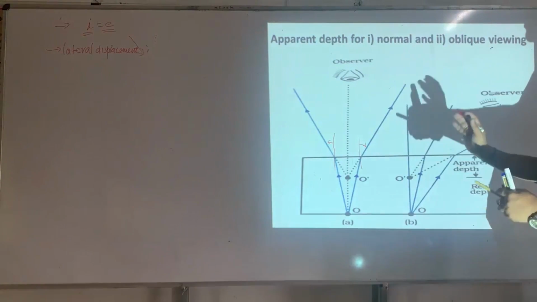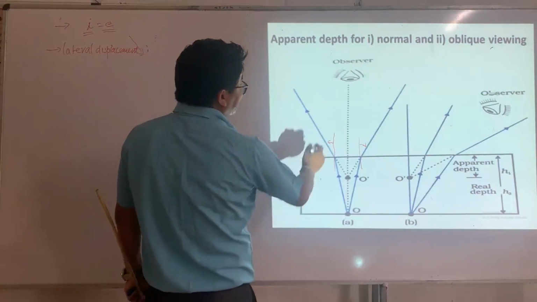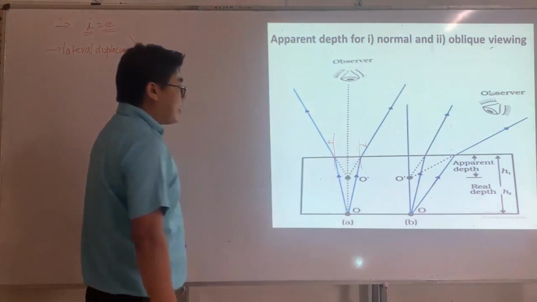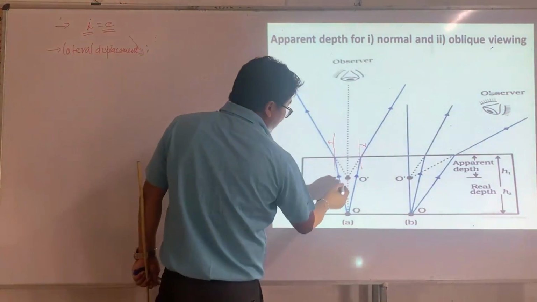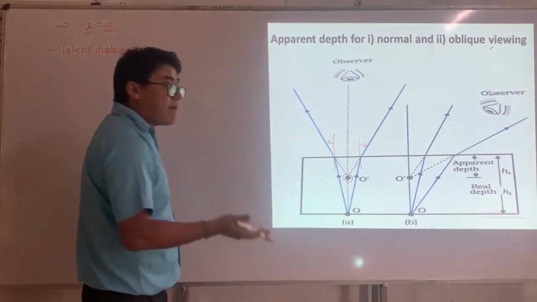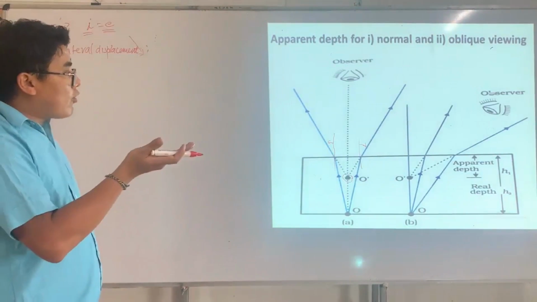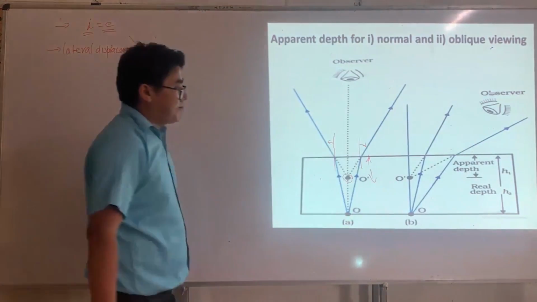Since bending is away from the normal, how does the image form? I have to extend the refracted rays, and the rays merge at this point. This is considered as the apparent floor, and this distance is what we call the apparent depth.